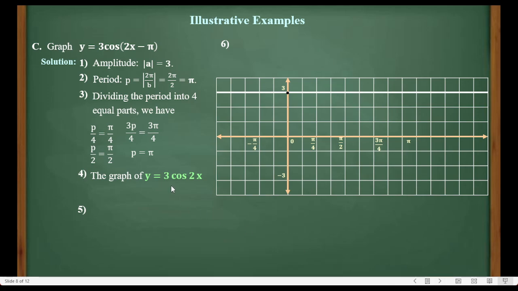Now, since we are dealing with cosine function, unlike in sine function, we begin with the graph not at the point of origin but at the maximum value of the function, which is equal to 3. Okay? Wherein 3 happens to be what? The amplitude or the height of the function. Okay? 3.